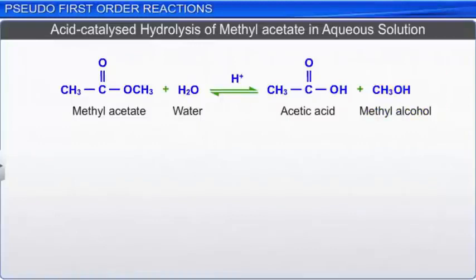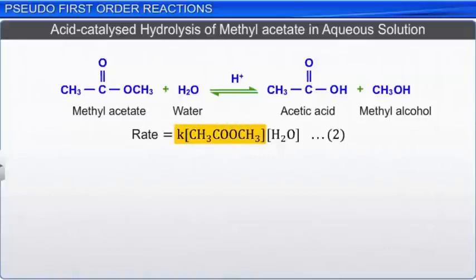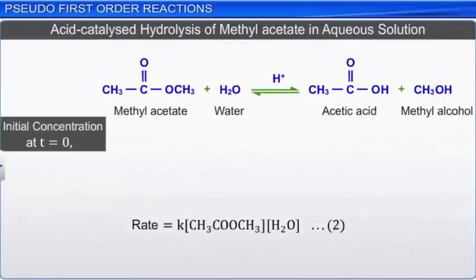The rate equation for this reaction is rate constant K multiplied by concentration of methyl acetate multiplied by concentration of water. Let this be equation 2. Let the initial concentration of methyl acetate be X moles per liter, while that of water be Y moles per liter at time t is equal to 0.